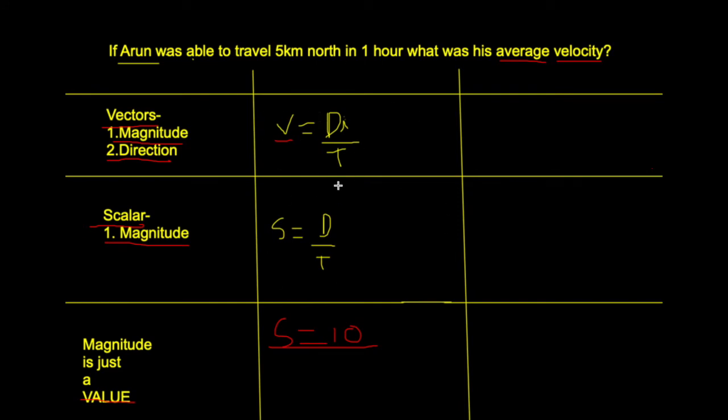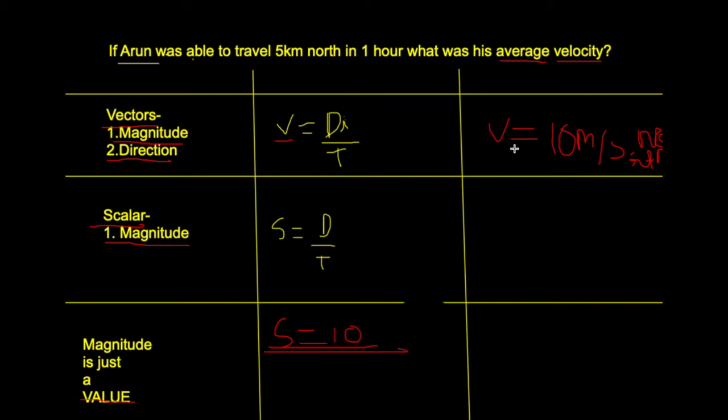So velocity would be 10 meters per second in the north. You need to add the direction. Without it, it wouldn't become velocity, it would just become speed.